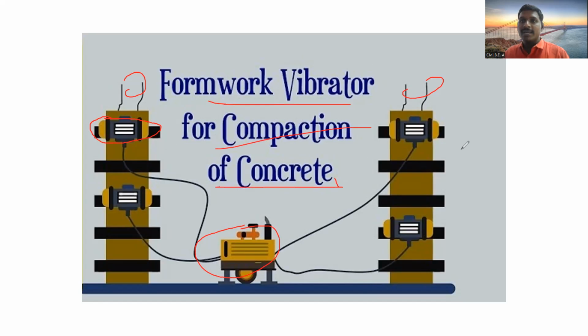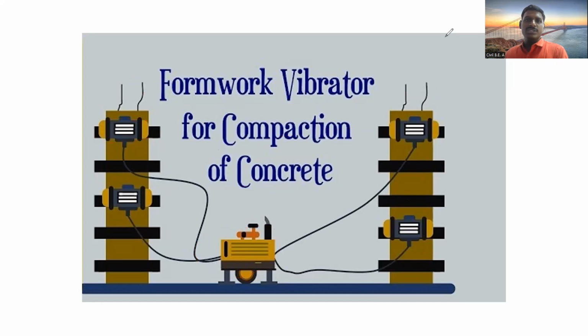That vibrator is kept or attached to the formwork externally, and if we apply the vibratory load through that vibrator, the compaction process of the concrete will take place, and our target will be achieved. The target is the compaction of concrete. In this way, we can use the formwork vibrator.